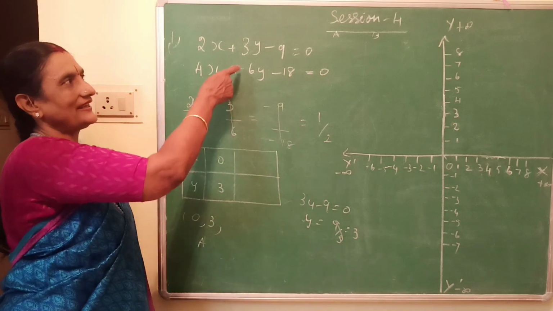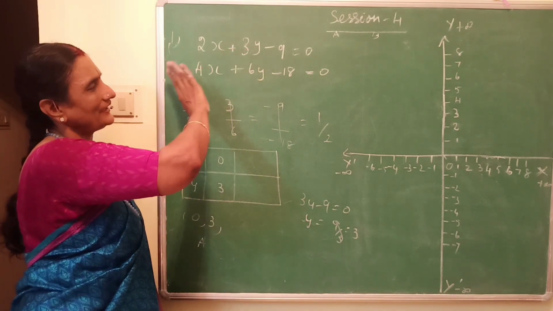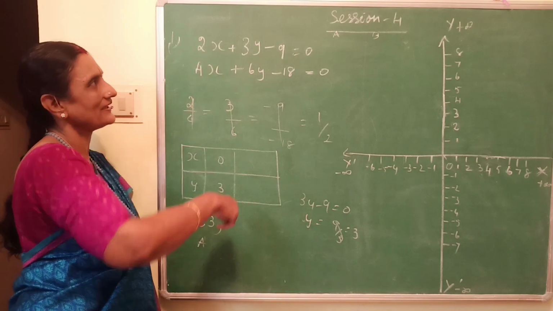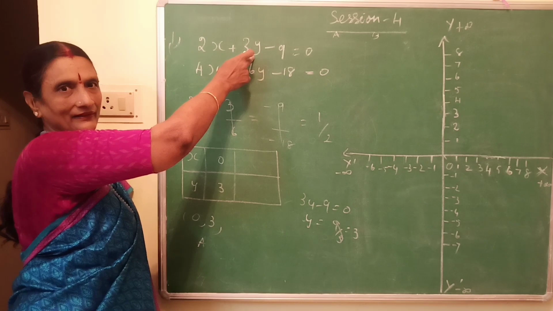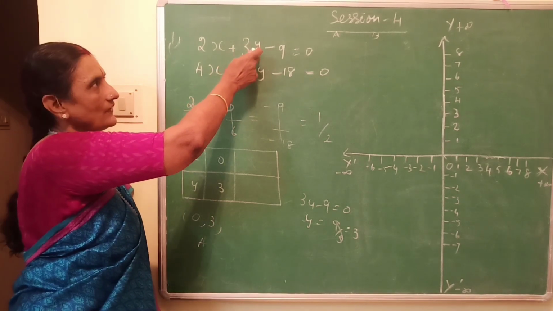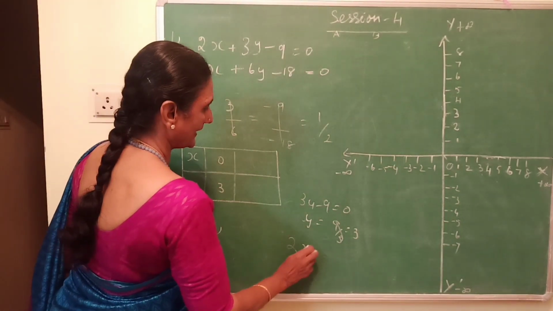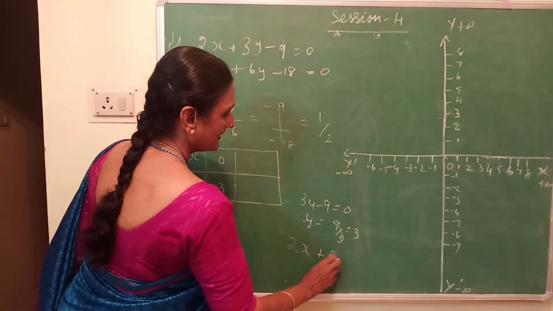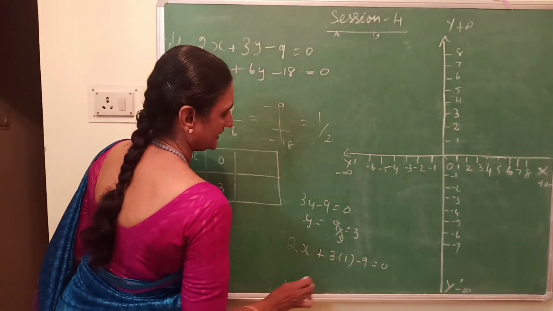Are you understanding? So this is the first point for the first equation. Now we have to take another value. We can choose any comfortable value. Shall we choose 1 for y? If we choose 1 for y, you get 2x plus 3 into 1 minus 9 equal to 0.